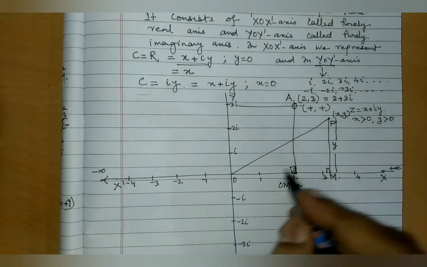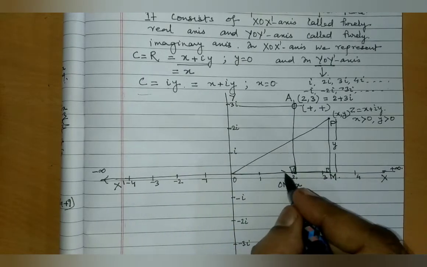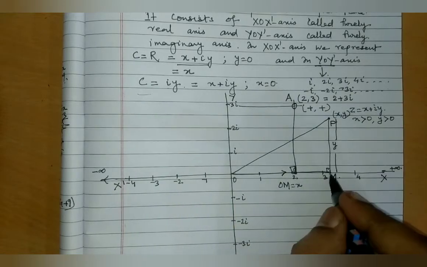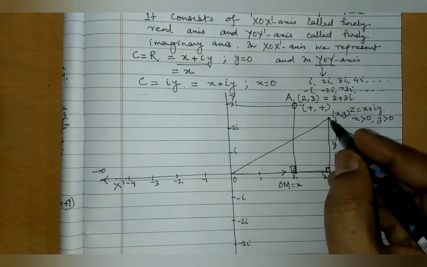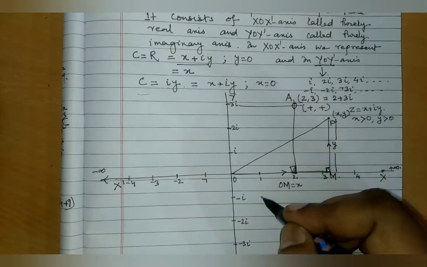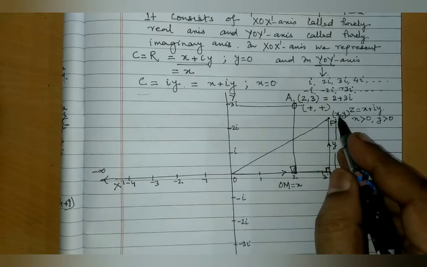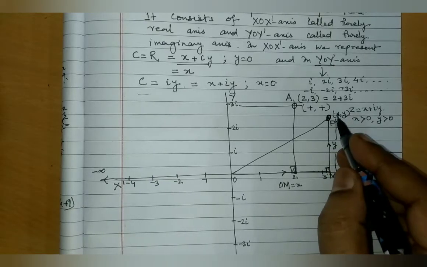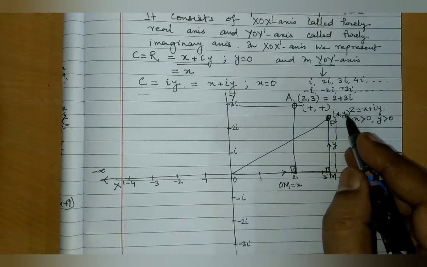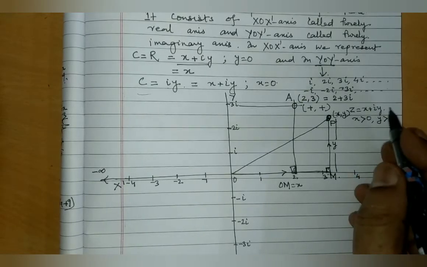So here, see, if we will go in the positive direction of x-axis, OM is equal to x, and then perpendicular to x-axis, and we go along y-axis, and y distance we travel, we will get the point P, whose coordinate is x and y, where x and y is the ordered pair, and which represents a complex number which is x plus iy. It is in a standard form.